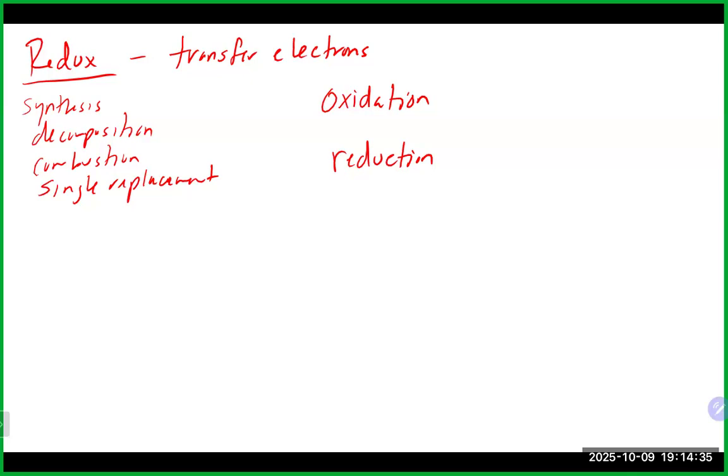Some definitions of oxidation and reduction. There are actually three different definitions, but we're going to focus on the definition that we use most of the time in general chemistry, and that is oxidation means that you are losing electrons, and reduction means that you gain electrons. If you go on to organic chemistry, you also talk about oxidation and reduction in the vein of, did it gain oxygen?